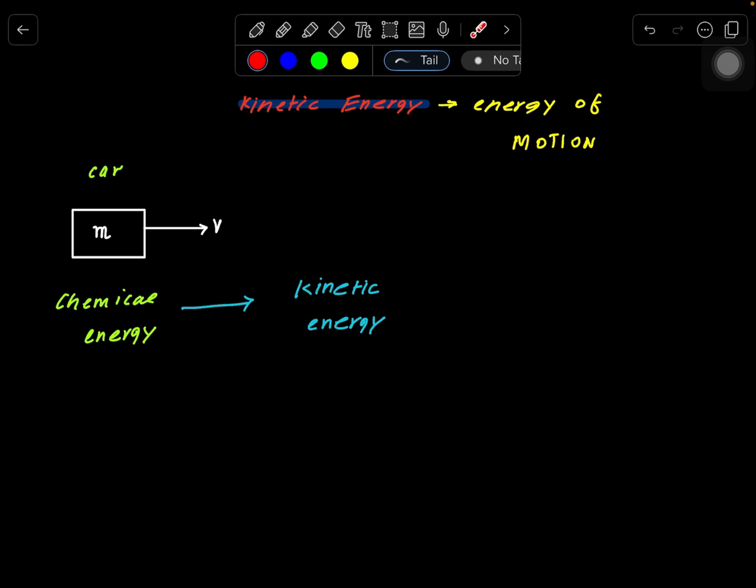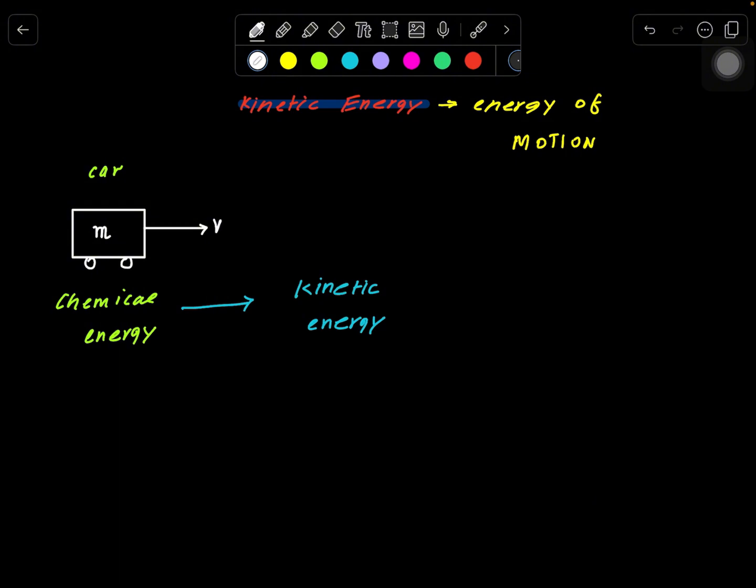And when the car slows down, we know that there is friction between the tires of the car and the road, and there is friction in the engine of the car. So that kinetic energy is lost as either thermal energy or heat energy when the brakes are applied, or as sound energy to the surrounding.